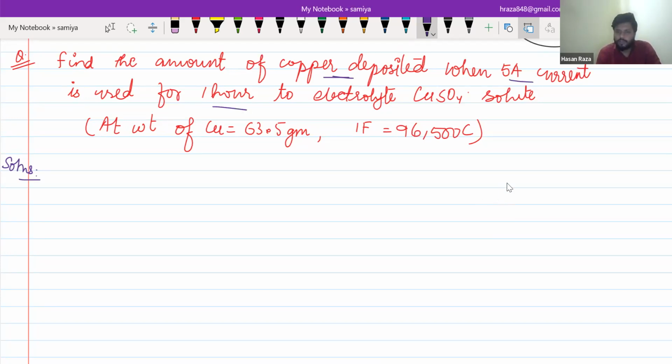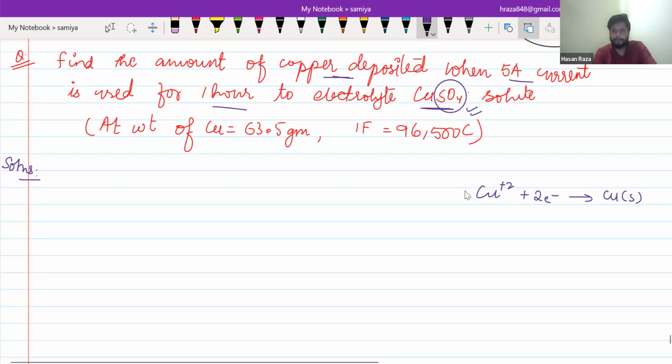So you know that Cu2+ will be converted into Cu solid when it is deposited. Yes or no? We don't need to concentrate on the second part because the question didn't ask anything about SO4. Ayman, did you get it?